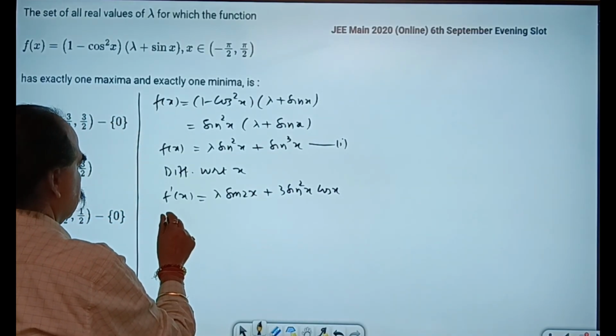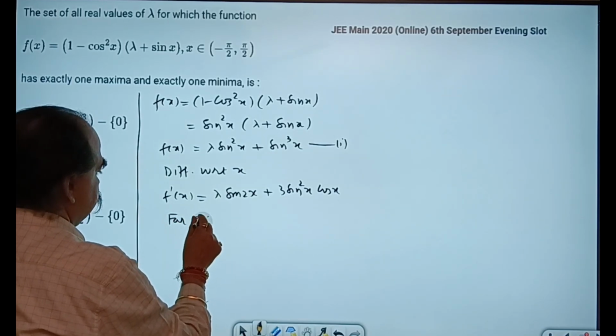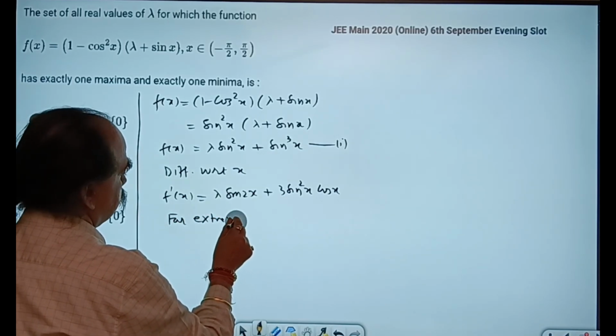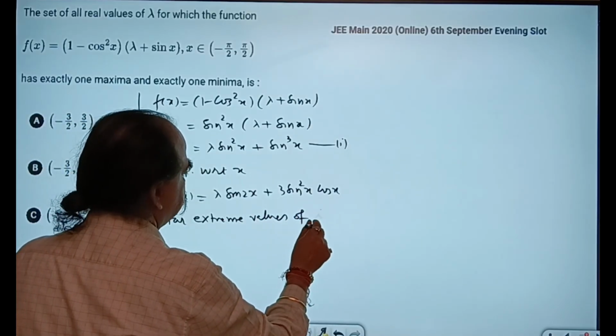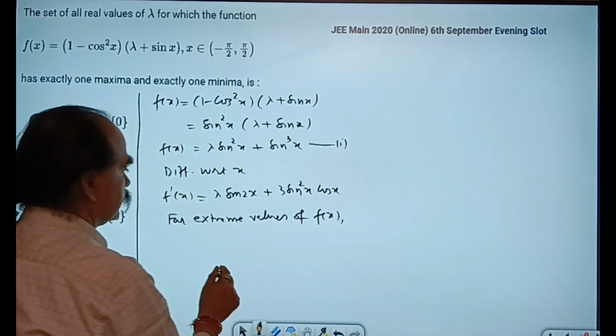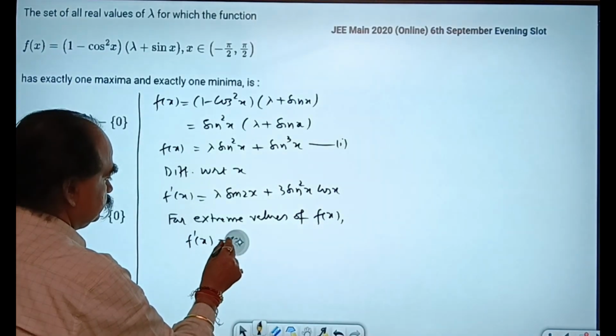For extreme values of f(x), f dash x is 0.